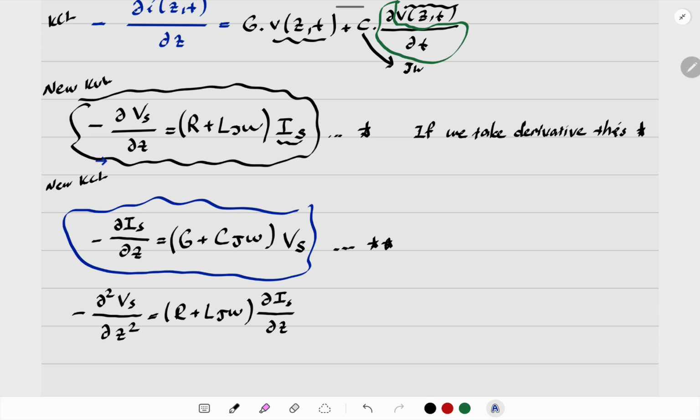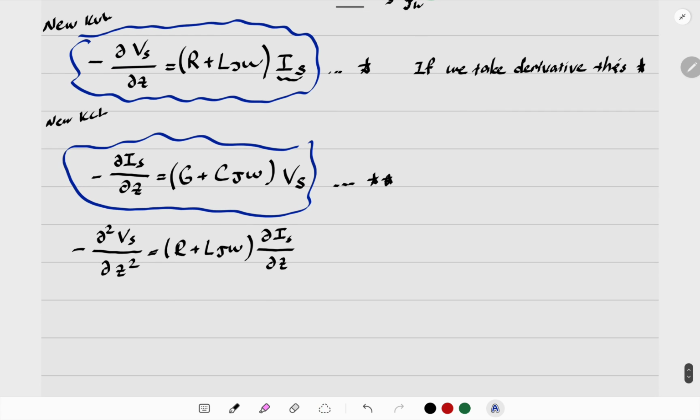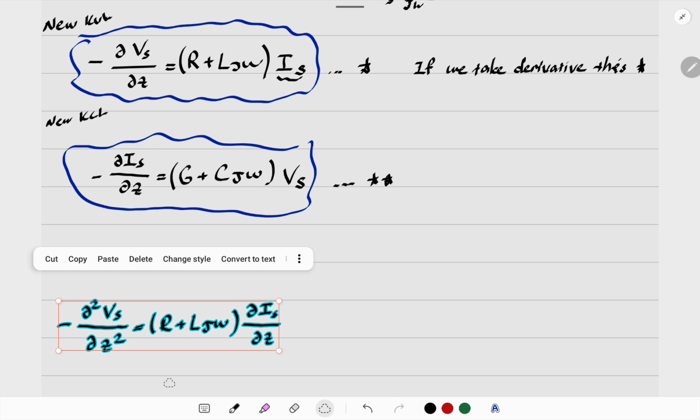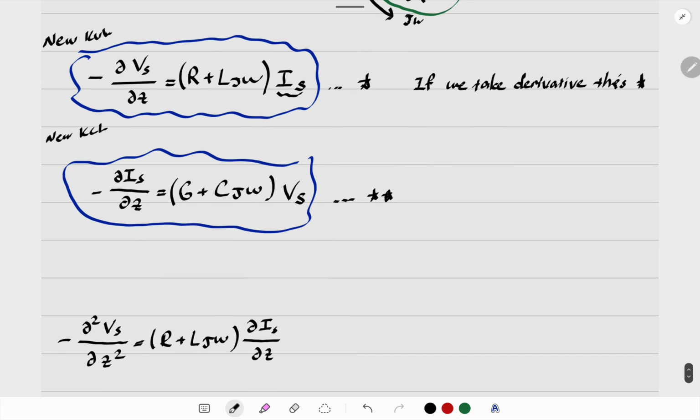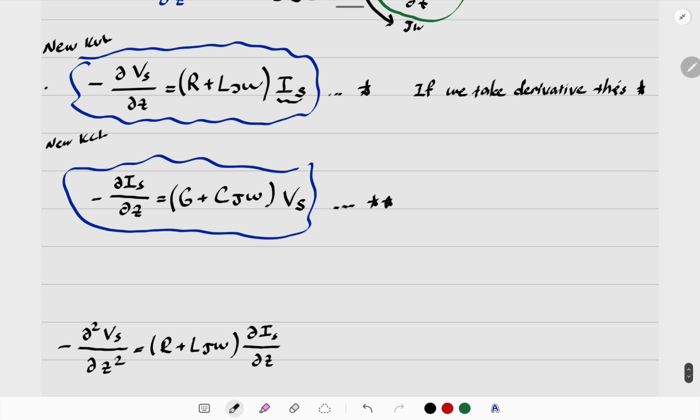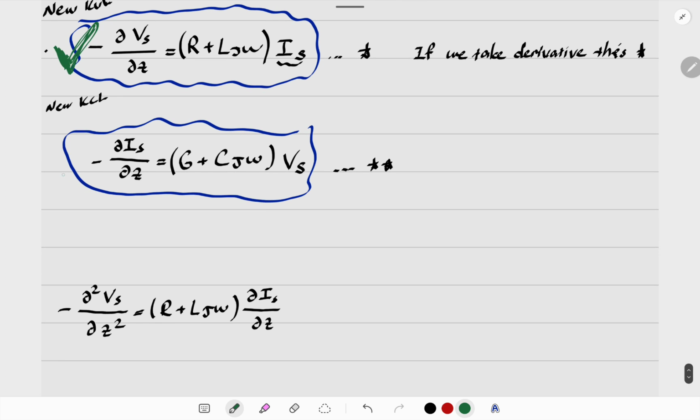So in order to make them distinguished, I'm coloring with this blue, and let's pull out this one a little bit below. So we completed this particular new KCL equation derivative, second order derivative, and now let's go with this new KCL. All right.